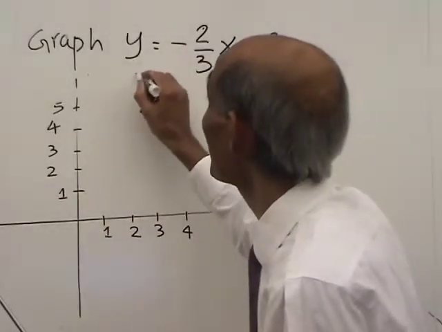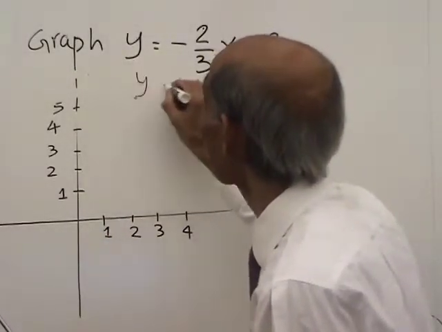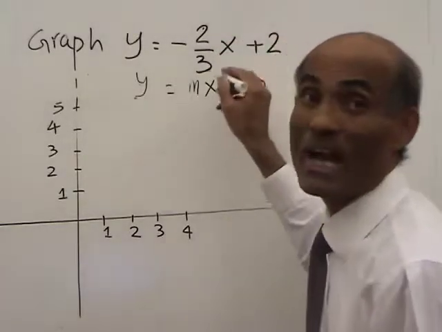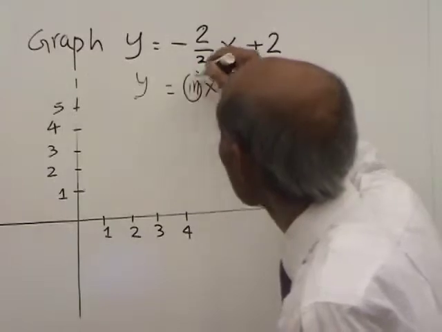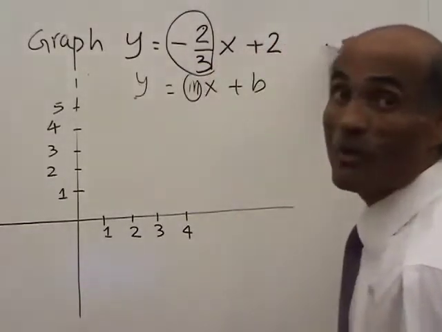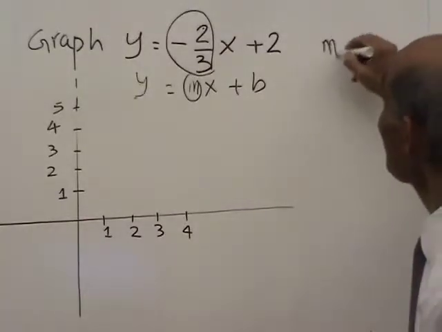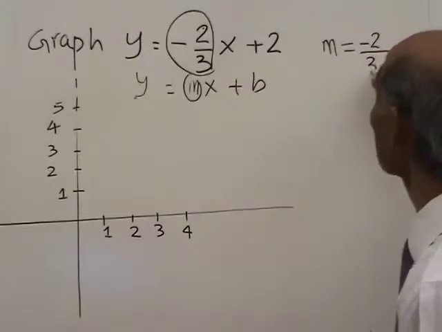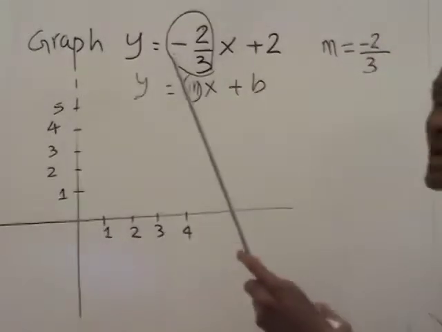If I write it below here, y equal to mx plus b. Now, m is the slope, and look at the slope here. So, I'm going to write on the right here, m, the slope equal to negative 2/3. I want you to watch the way I write it.